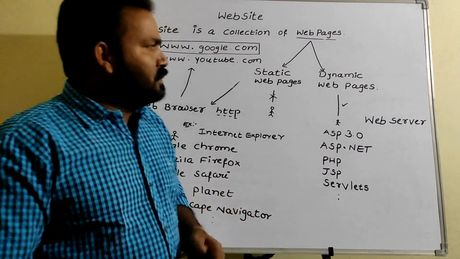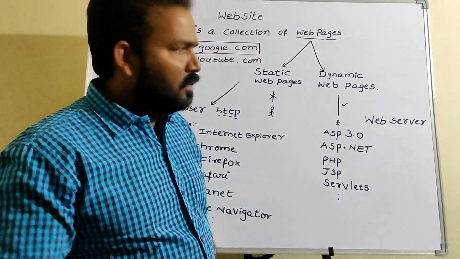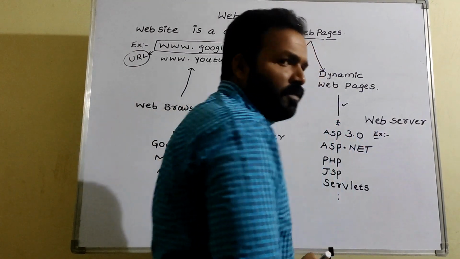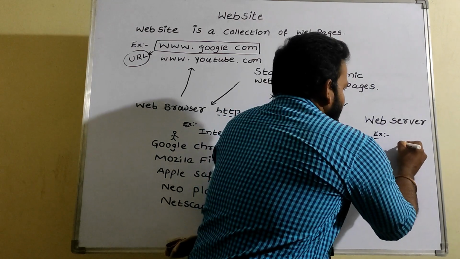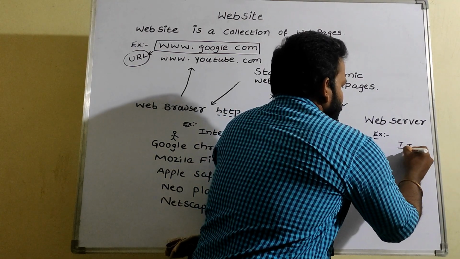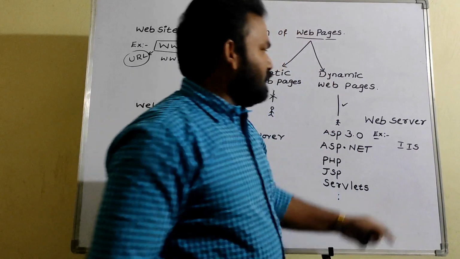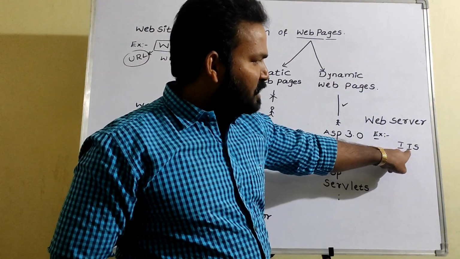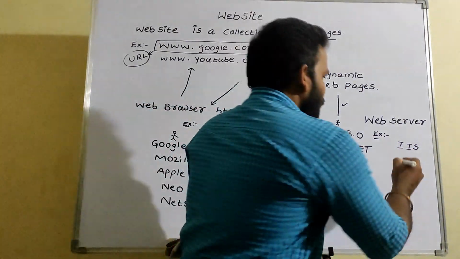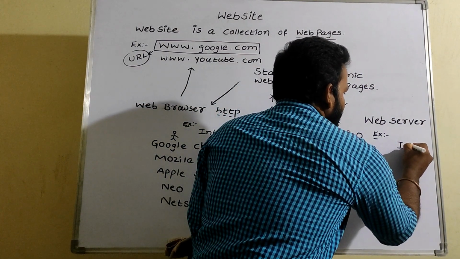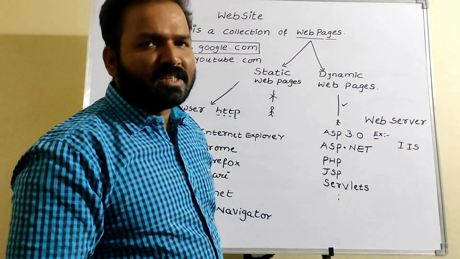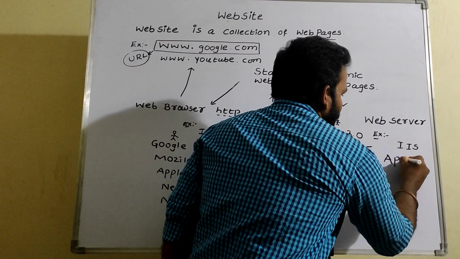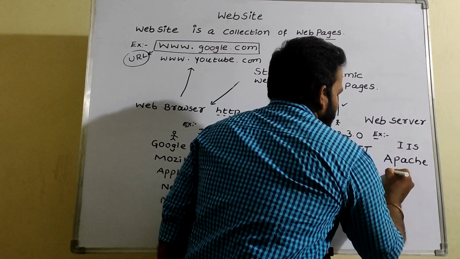I will give some examples of web server. IIS. What is the full form of IIS? Internet Information Services. Next, Apache Tomcat.